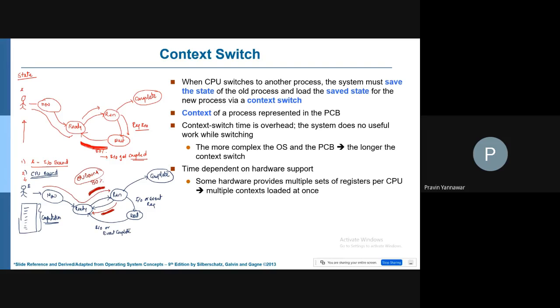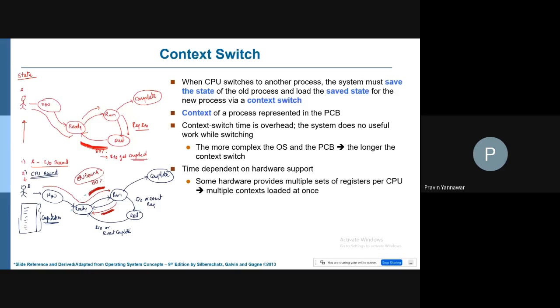So mostly this particular area is this particular context only. So the context switch refers to this sensitive area, this particular sensitive area. Okay, but all the states are being saved.